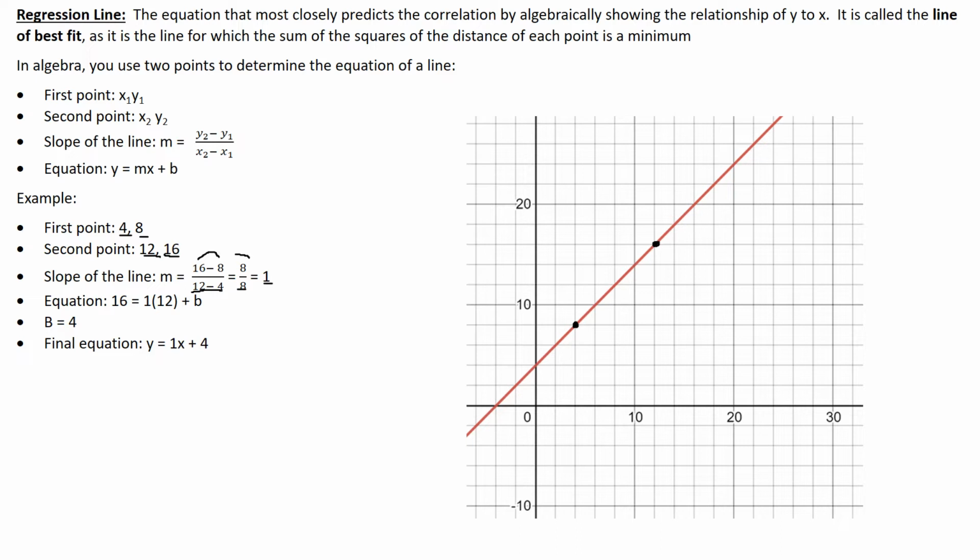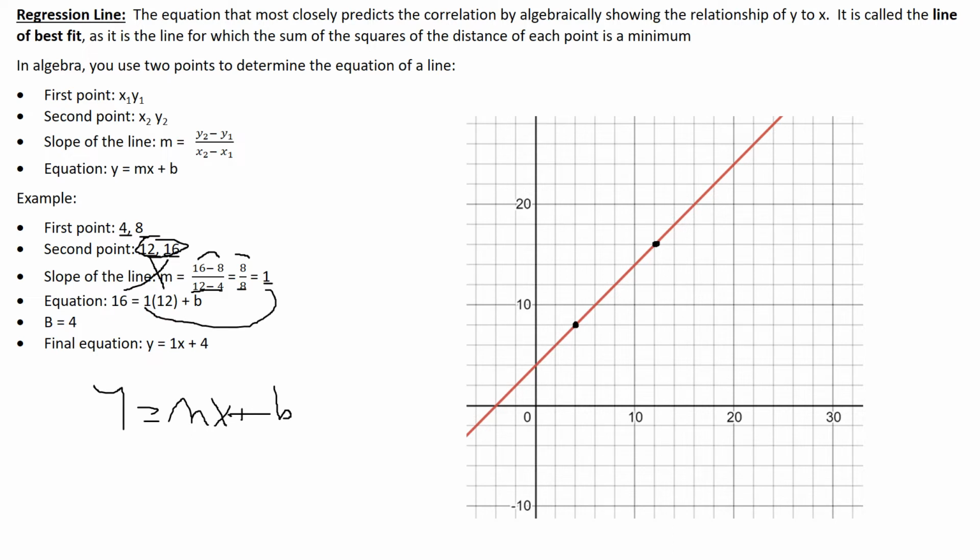Now all I have to do is put in either point. I'll put in 12, 16. y equals mx plus b. So my y is my 16 here, my x is my 12, and my slope is 1.